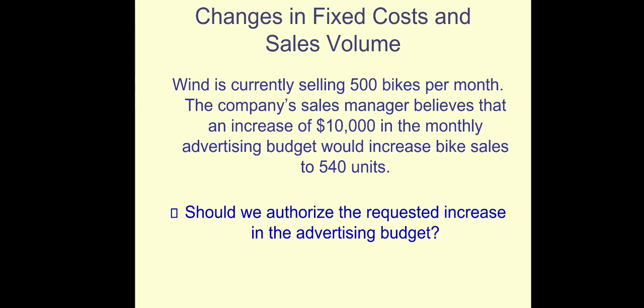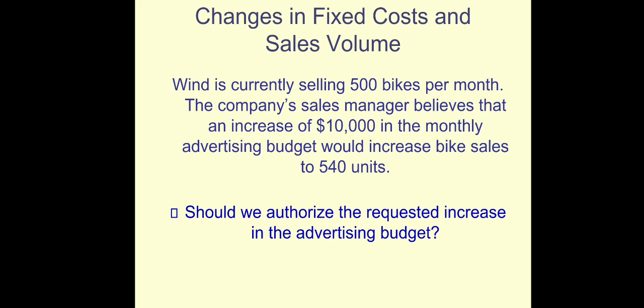The sales manager suggested that the business has to increase the advertising budget by $10,000. If the business increases the advertising budget by $10,000 per month, it is expected that the bicycle sales will increase to 550 units.